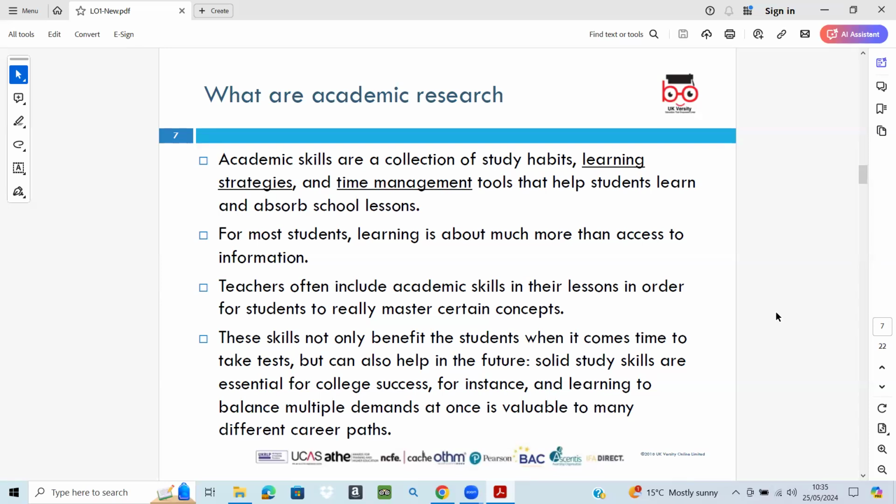So what is academic research again? Academic research is a detailed and methodological investigation into a particular area of study. It involves the systematic collection, analysis, and interpretation of data to contribute new insights or knowledge within a specific field.